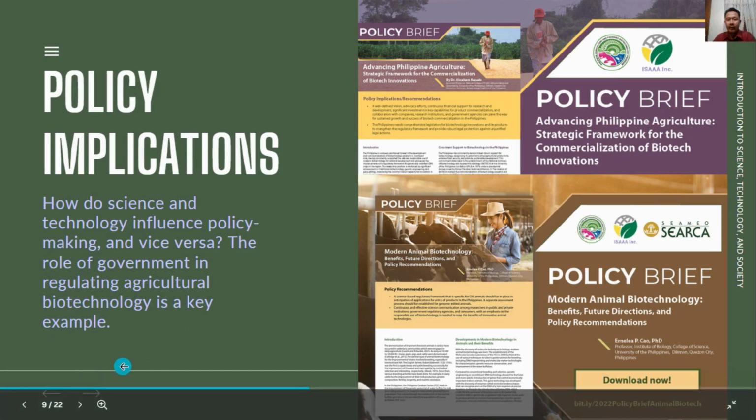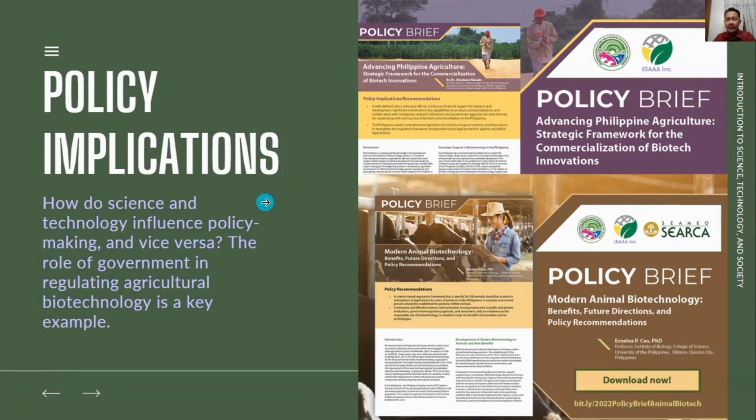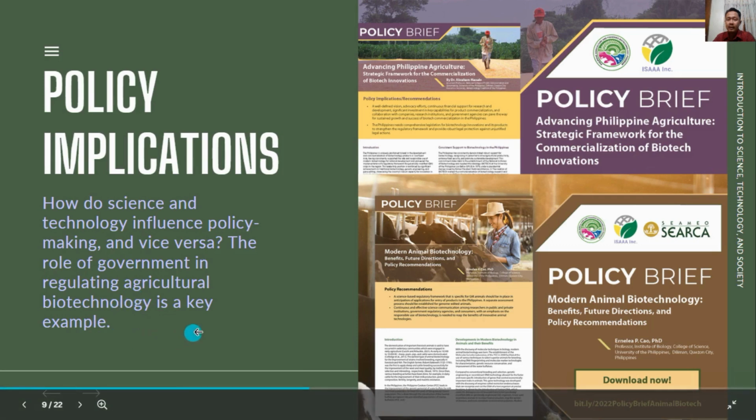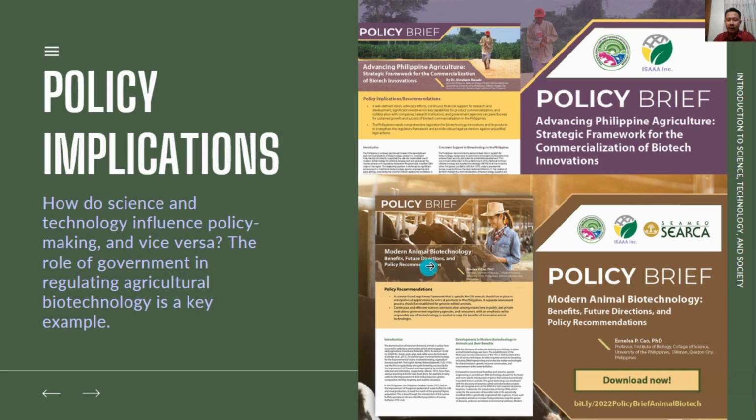In our country, the Philippines, there are policies being implemented to regulate biotechnology, especially in modern animal biotechnology, where ethical considerations are highly recognized, especially if you're dealing with life.